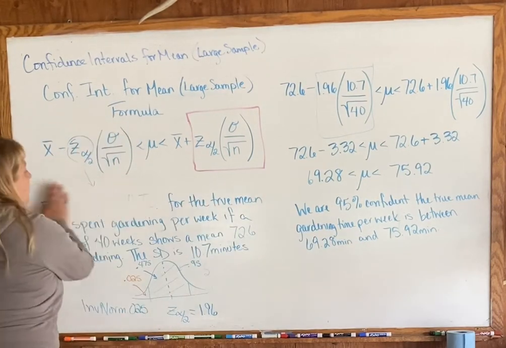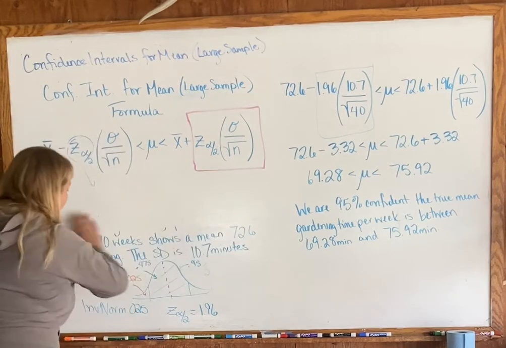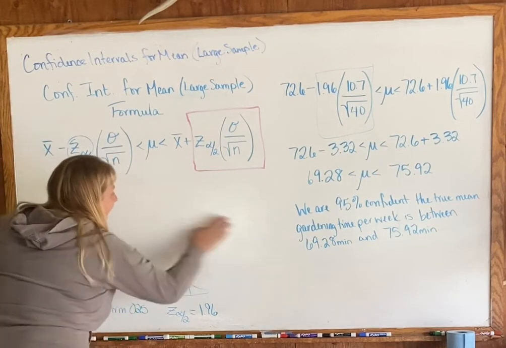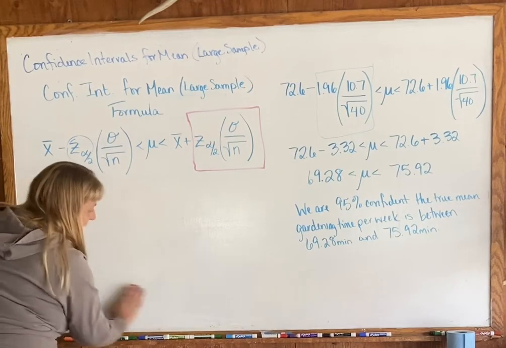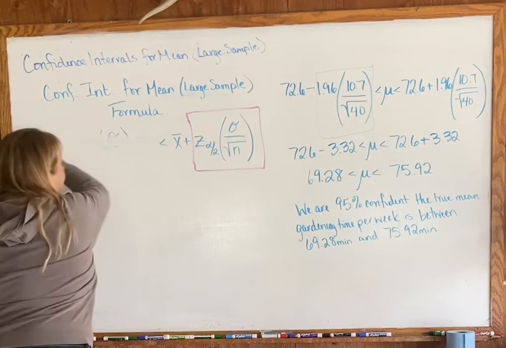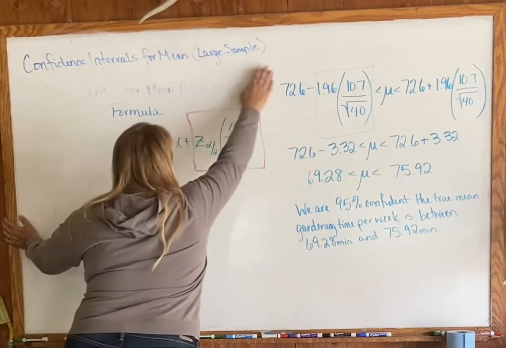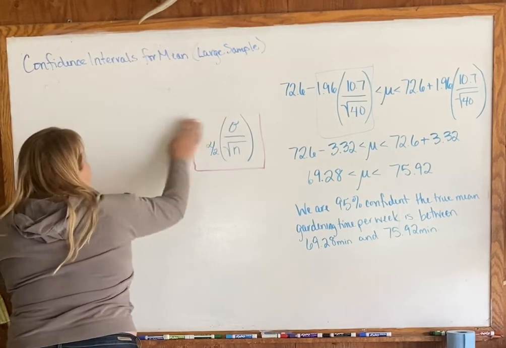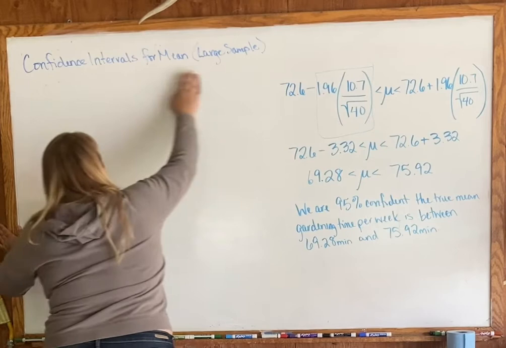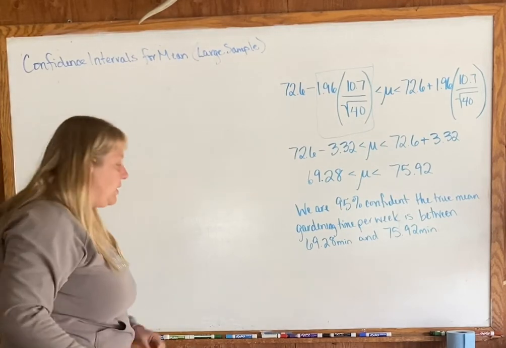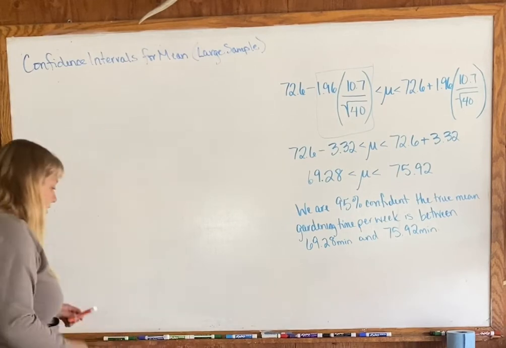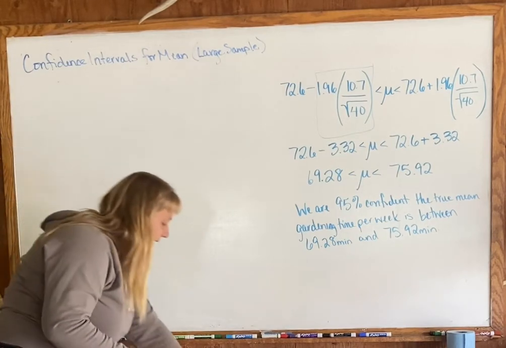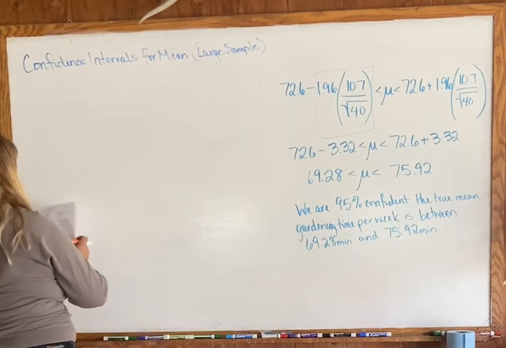And sometimes when we do that, if we're starting out a problem, they haven't told us how large a sample they're using, or if they have a sample ready or not. So sometimes we need to figure out how large a sample we need. The last thing in this section is called finding sample size.